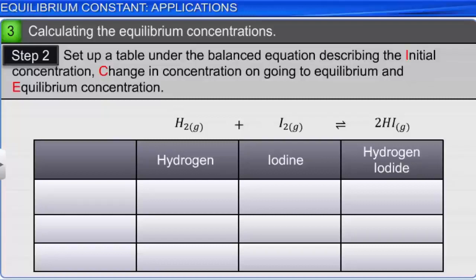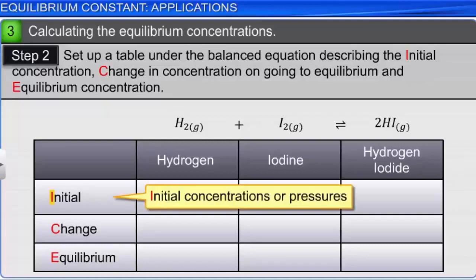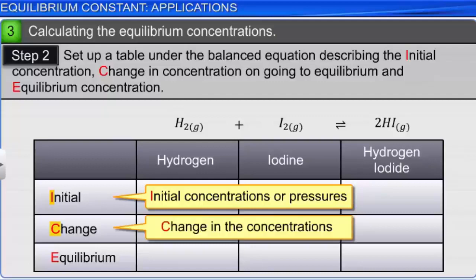The second step can be easily remembered in the form of ICE chart, where I stands for the initial concentrations or pressures for each species in the reaction mixture. C represents the change in the concentrations or pressures for each species as the system moves towards equilibrium.